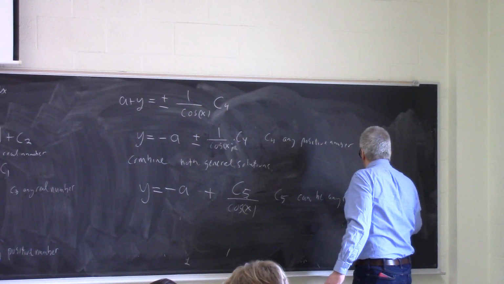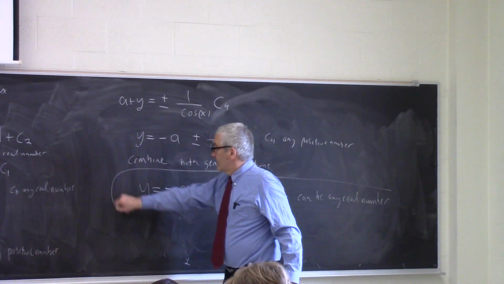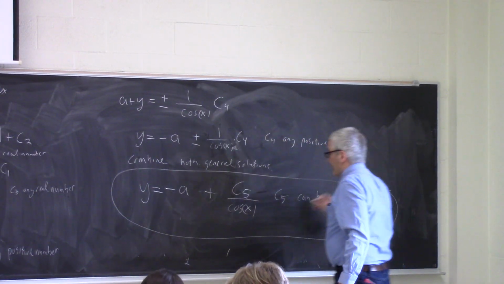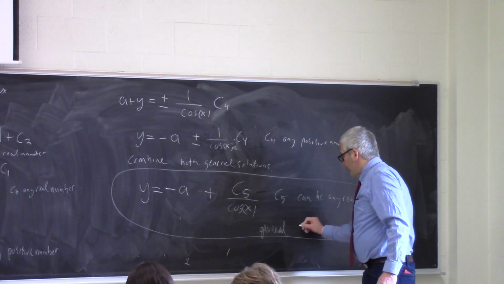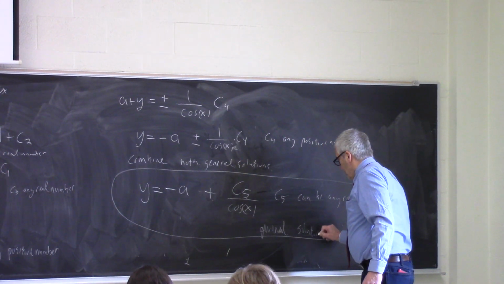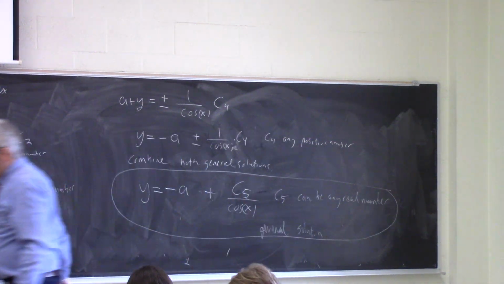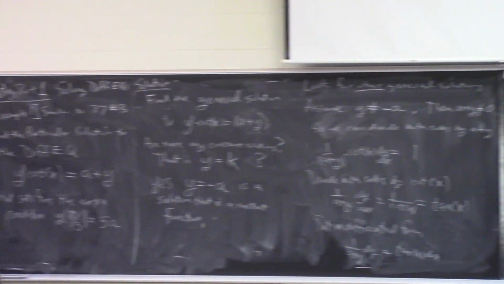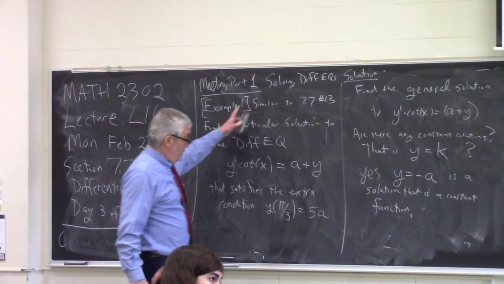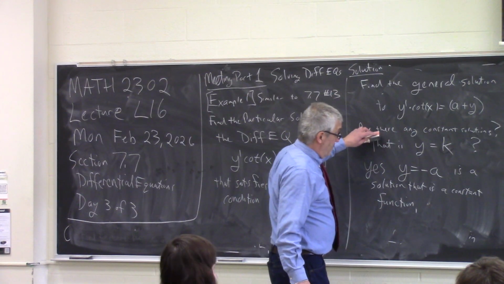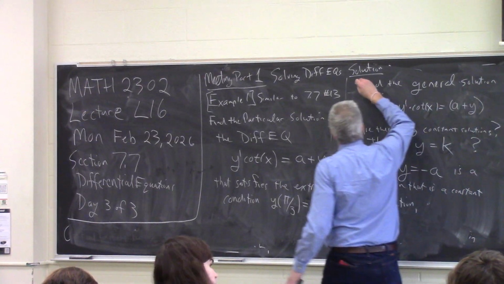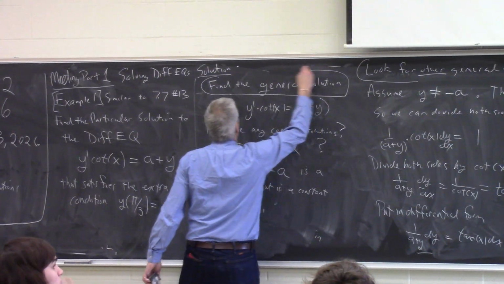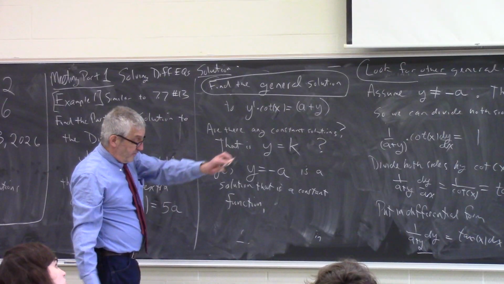That's our general solution. My handwriting says general solution. So again, one of the general solutions was y equals negative a. So the general solution is circled.